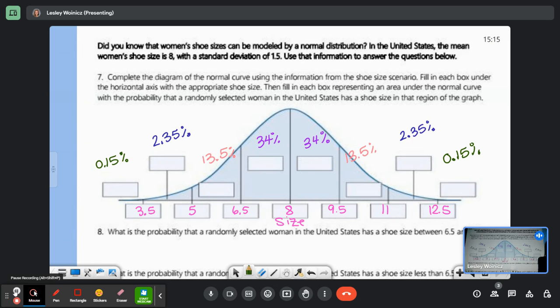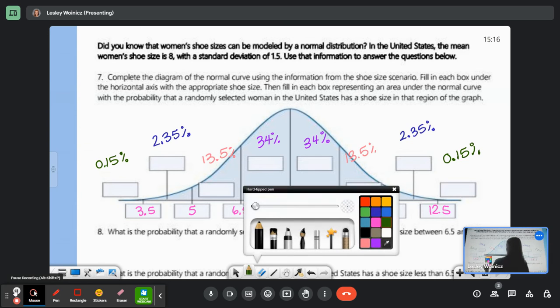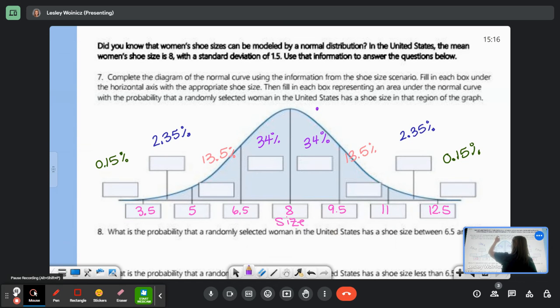What is the probability of picking one of those women? So we're going to do 0.34 times 1,000 women divided by 1,000 women, because that's how many we're picking from.